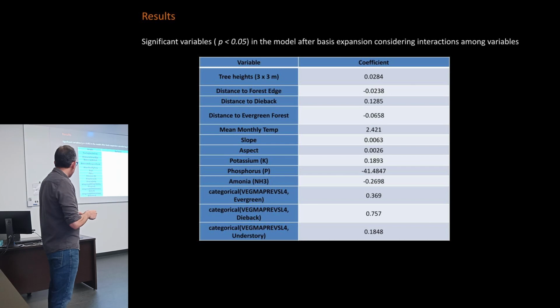Okay, so we still see some correlations with the nutrients components, with topography, slope, and aspect, and also some association with where these plants are, which type of communities are there. For example, evergreen, also this type of dieback, dead trees, and also where you have significant patches of short trees, shrubs, right?